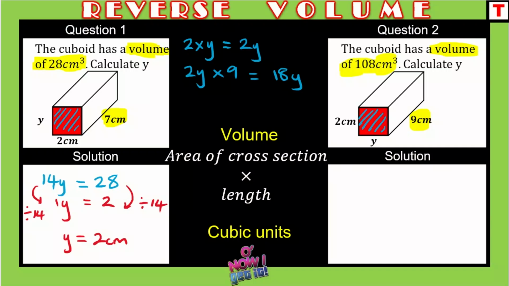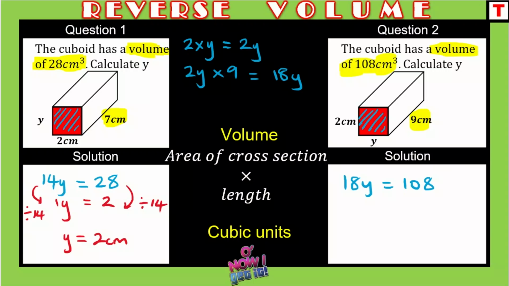So now we can see that we're going to now have 18y is equal to the actual value of the volume, which is going to be 108 centimeter cube. So these two expressions on the left and on the right, they're describing the volume.